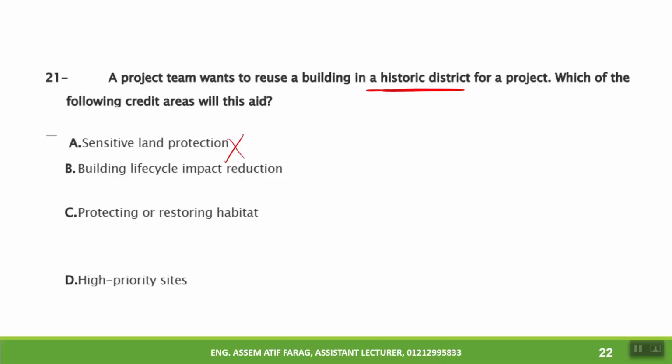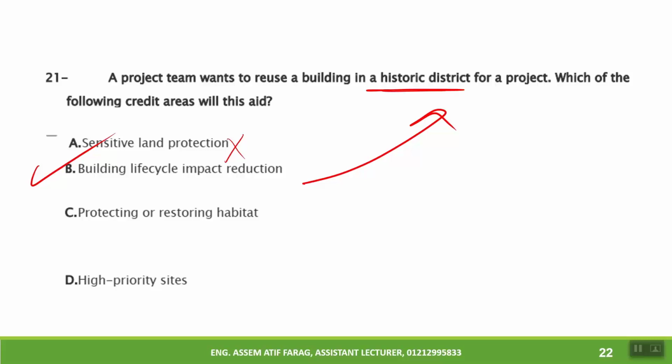For option number B, building life cycle impact reduction. Actually, building life cycle impact reduction is rewarded in the material credits. So this option is correct and can benefit from this action. For option number C, protecting or restoring habitat. Protecting or restoring habitat is the preservation or restoration of previously developed land.